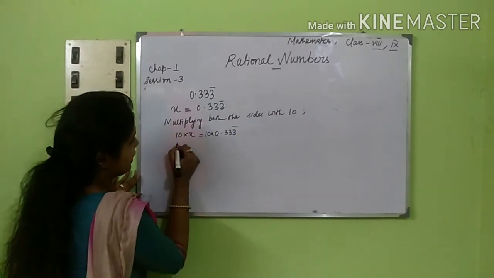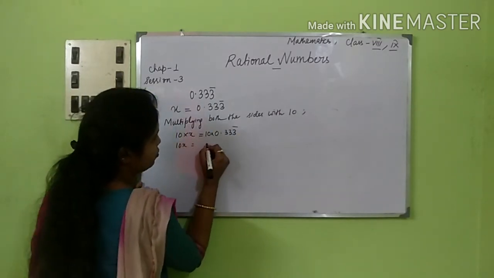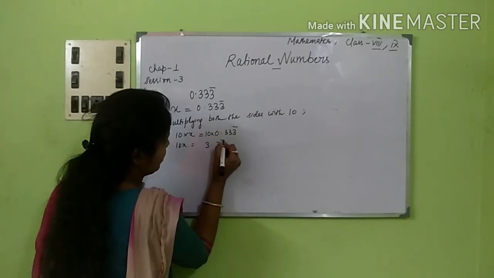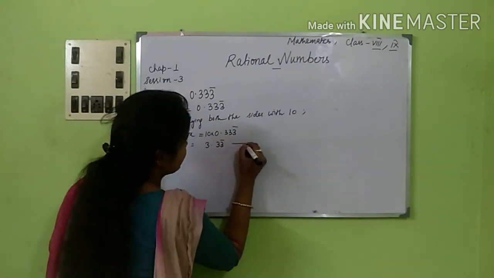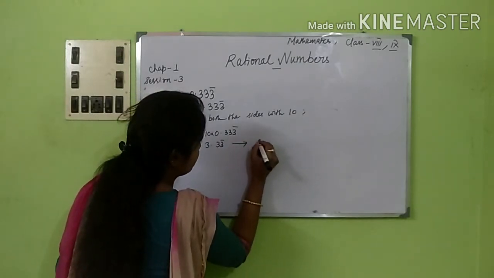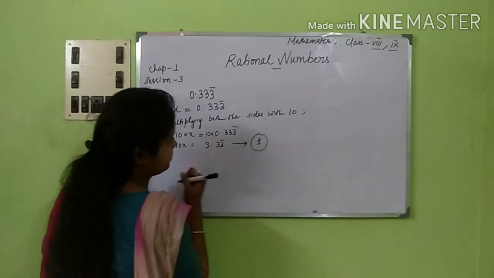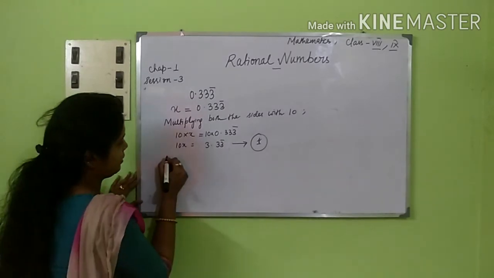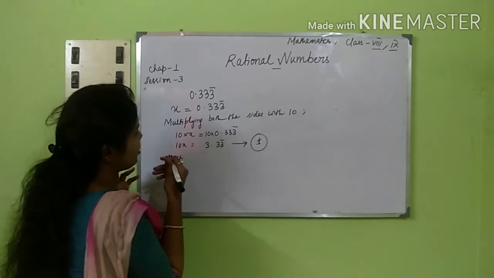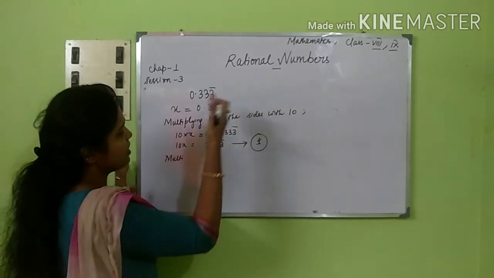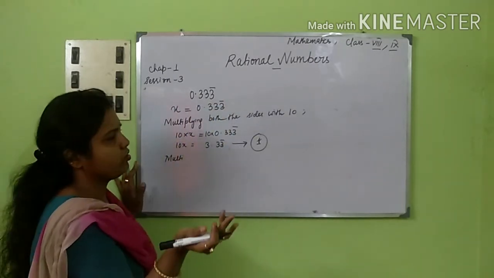So we get 10x equal to 3.33 bar, right? So let us consider this as equation 1. Or you can simply mark this as equation 2 and solve it out.